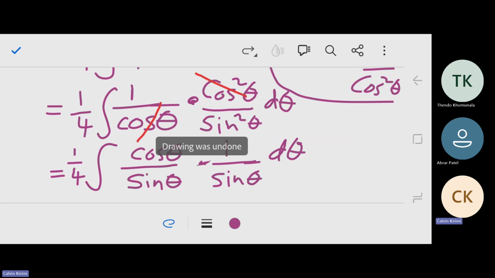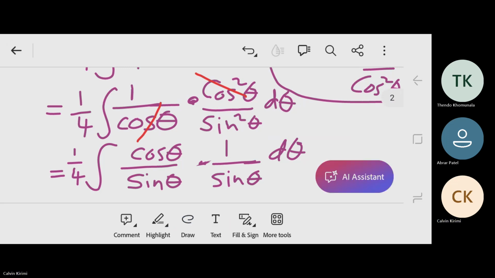Nothing has changed. We know 1 over sine is cosec, and cos over sine is cot. That is the direction we want to go, with cot and cosec, because sine over cos is tan, so the inverse of tan is cot. All right.